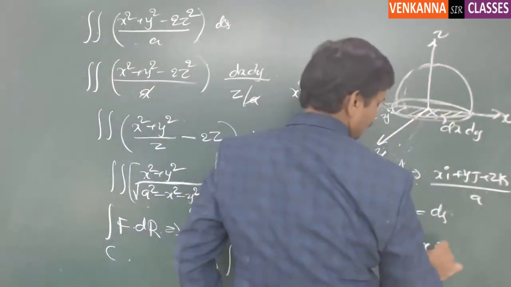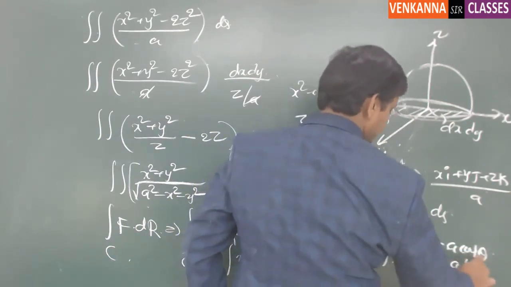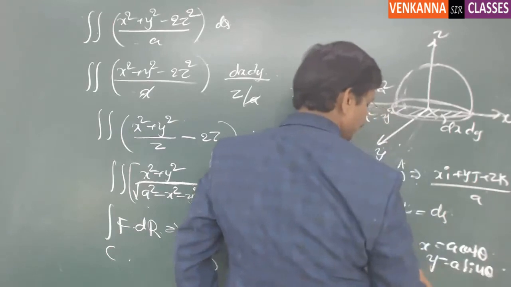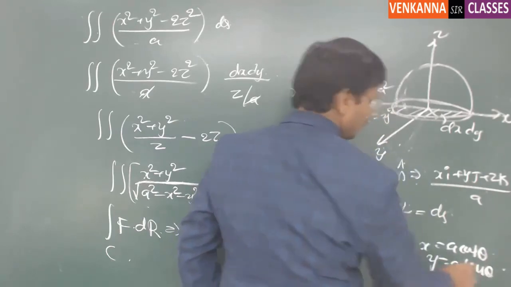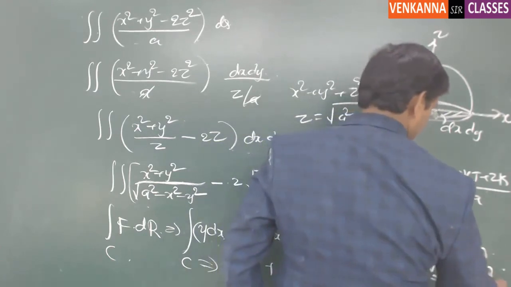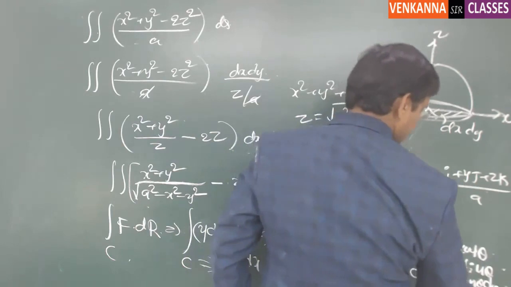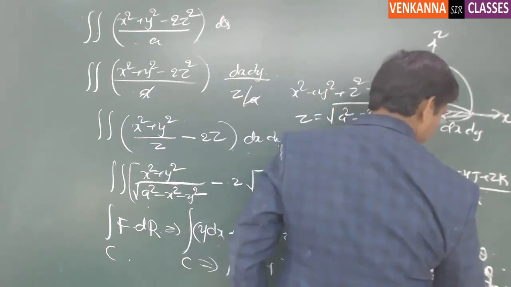So x is equal to a cos theta and y is equal to a sin theta. Then dx is a times the derivative of cos theta, which is minus a sin theta d theta. And similarly, dy is equal to a cos theta d theta.